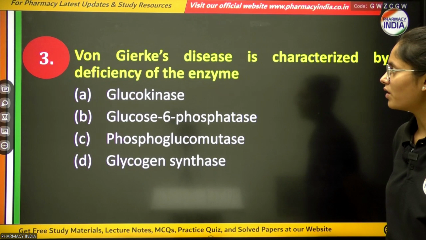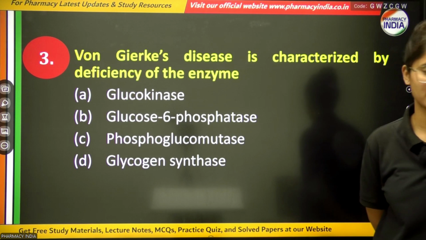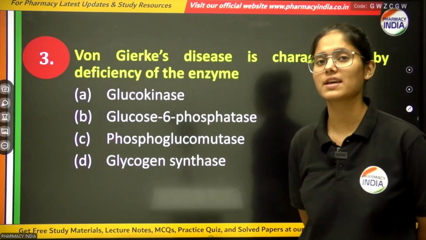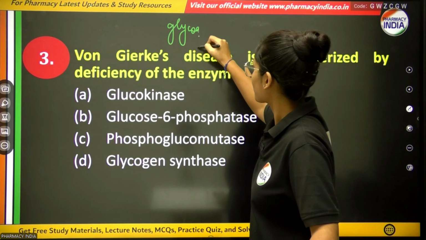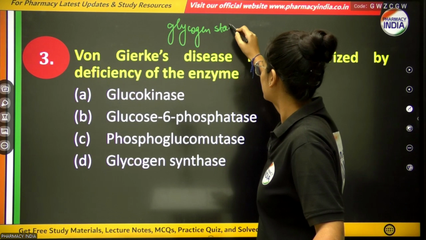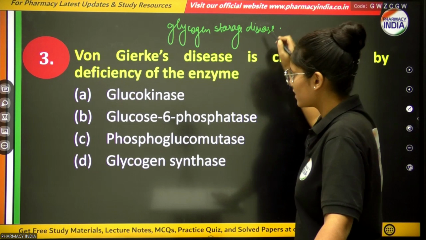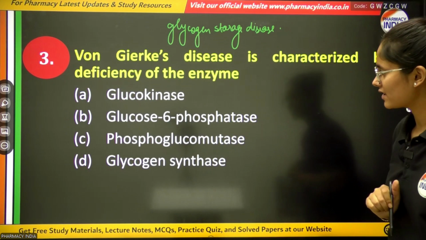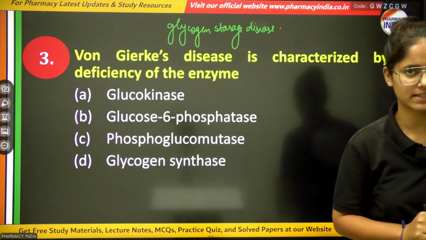Next question, von Gierke's disease is characterized by the deficiency of the enzyme. Basically, von Gierke disease is a glycogen storage disease. Your options are glucokinase, glucose 6-phosphatase, phosphoglucomutase or glycogen synthase.